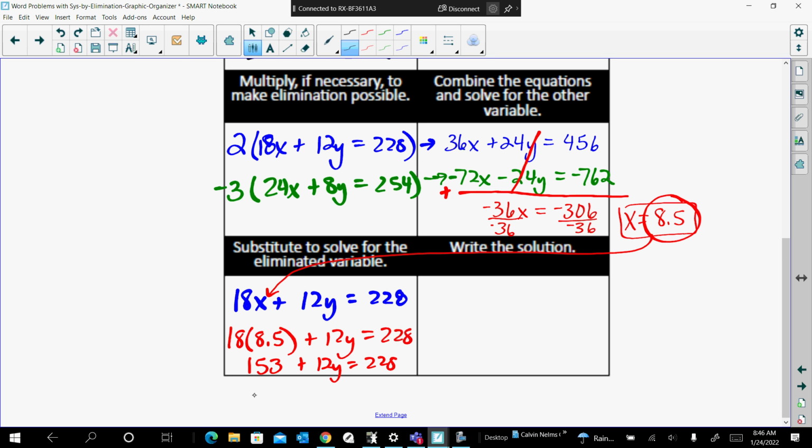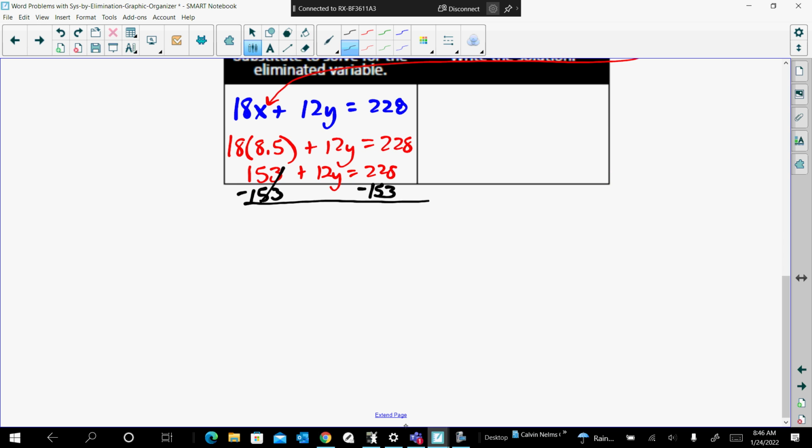You're gonna have to subtract that. So my 12y equals positive 75. Divide that by 12. y is 6.2.